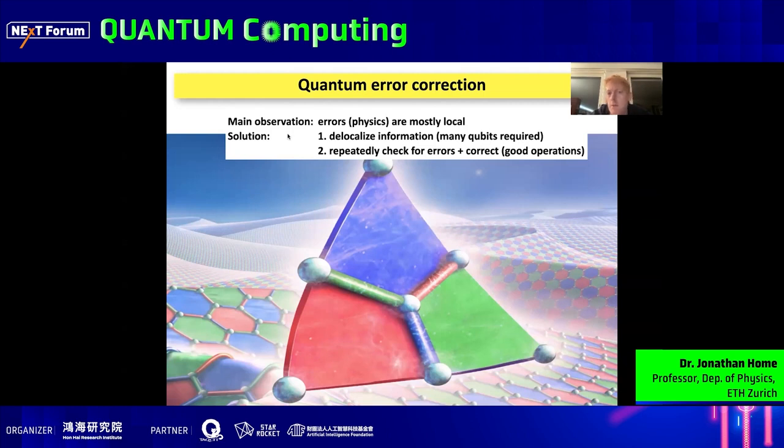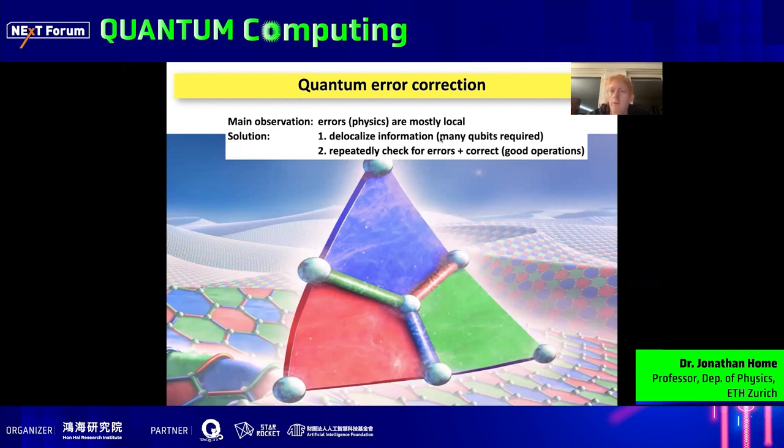So the main observation really in error correction is that errors somehow, due to physics, they mainly act locally. Most sources of noise act in a close region of space, and so they affect a few qubits in a certain area. And the solution given by quantum error correction is first, not to store information locally.